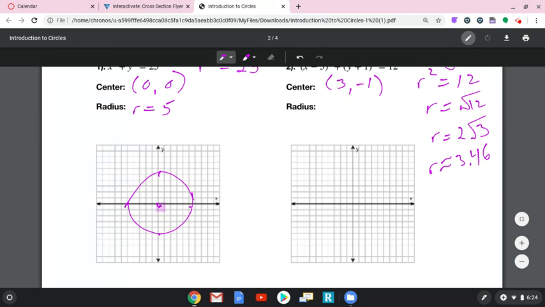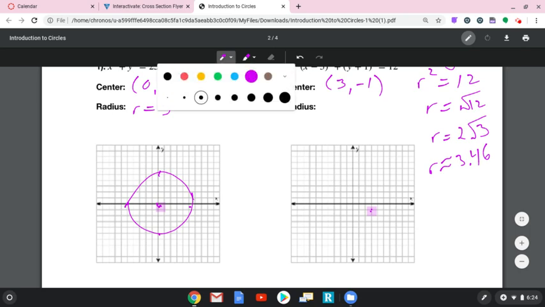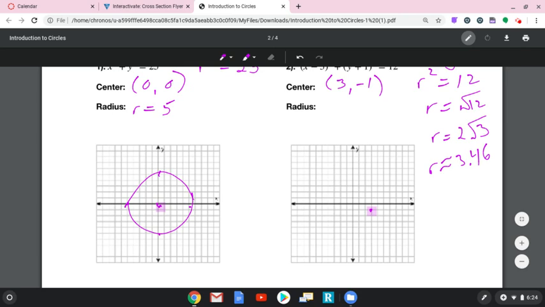So you're going to go 1, 2, 3, and down 1. So let me put, I have 1, 2, 3, 1. I'm going to put my circle there. That's my center. And then from there, what am I going to do? Maybe if I make it a little thicker, it'll be easier. There we go. Now I'm going to estimate. I'm going to count approximately 3.5 up. I'm going to count up 1, 2, 3.